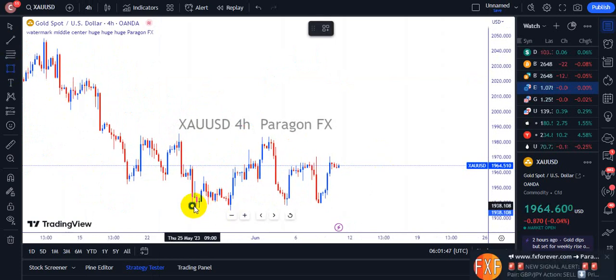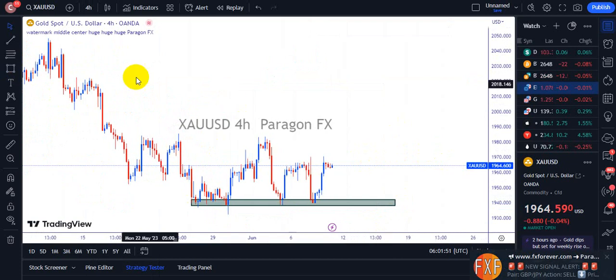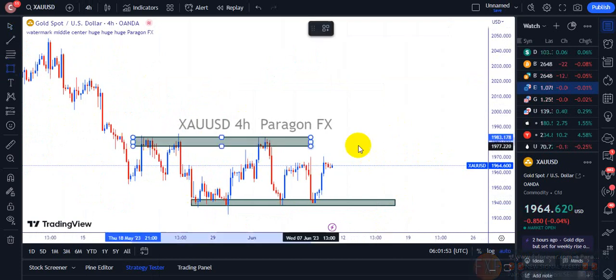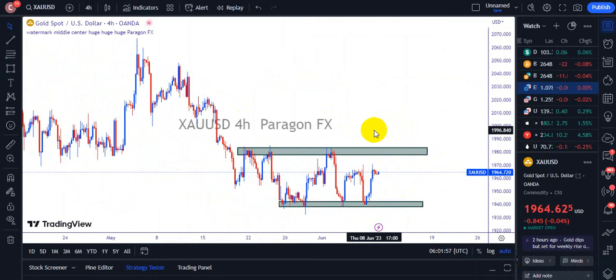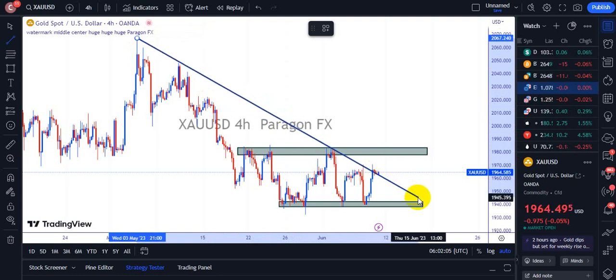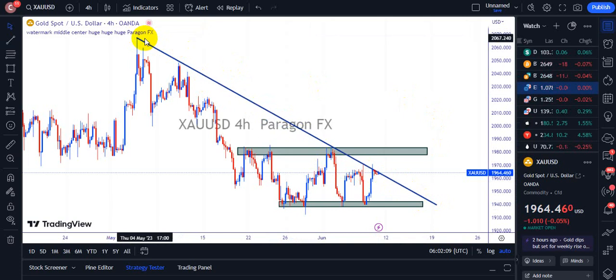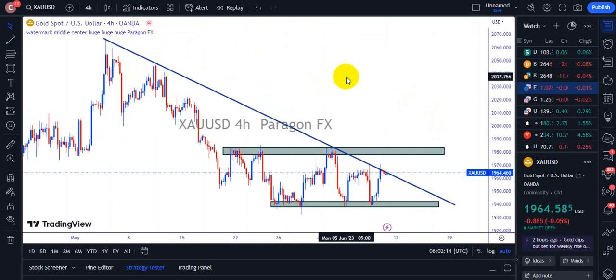Again, this is the buying zone. This is the selling zone. Okay, this is the selling zone, and I'm waiting.